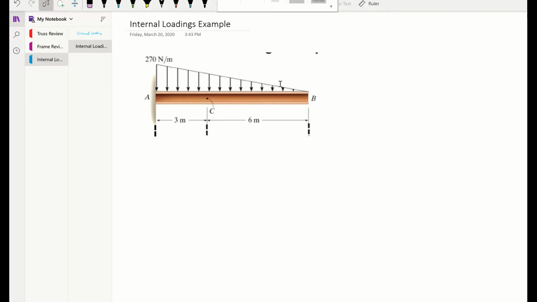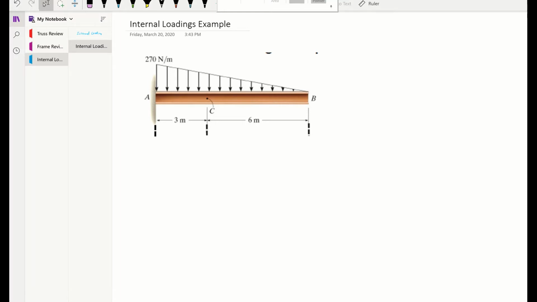We learned previously how internal loading is made of three aspects: normal force N, shear V, and bending moment M. And we also learned their positive sign convention. So we're going to use this knowledge to solve this problem.